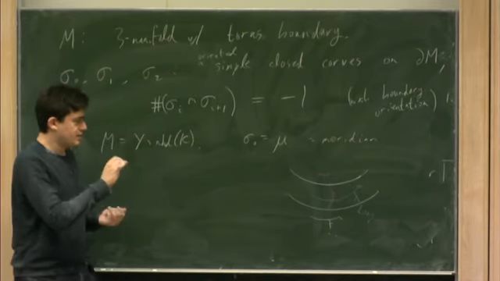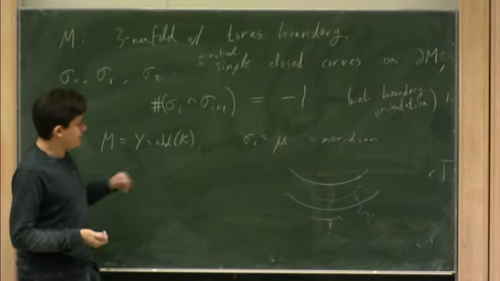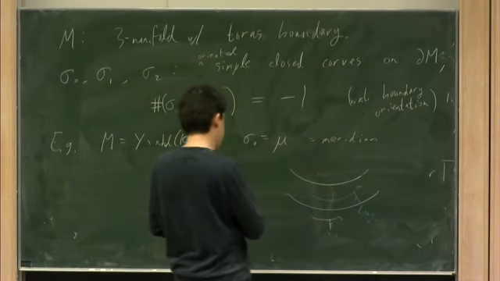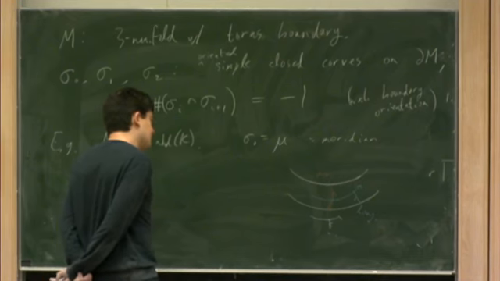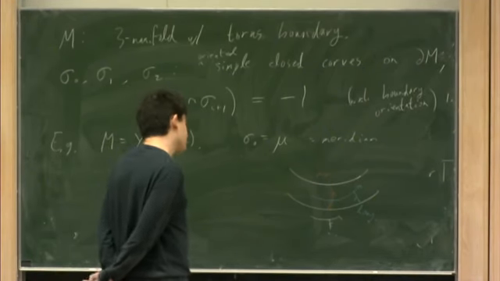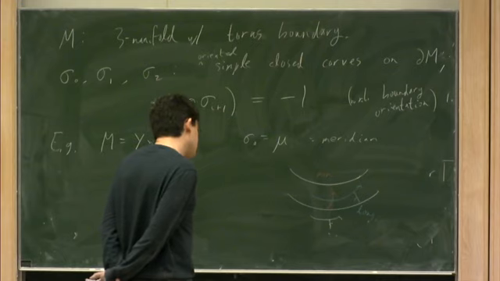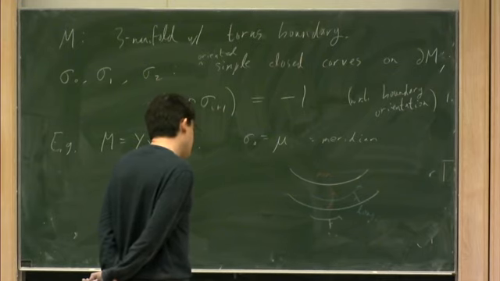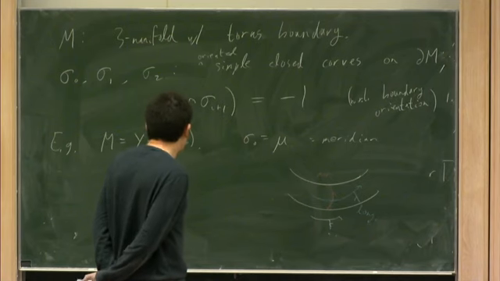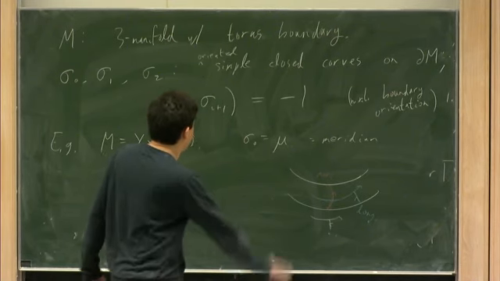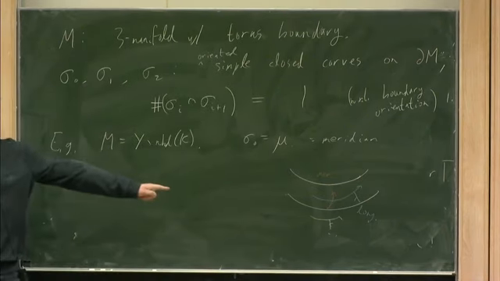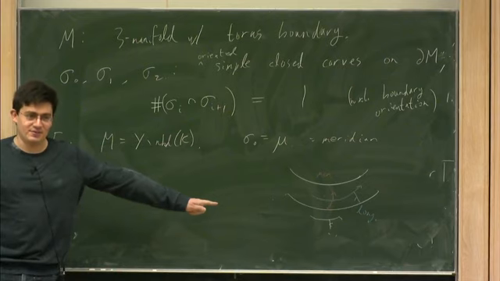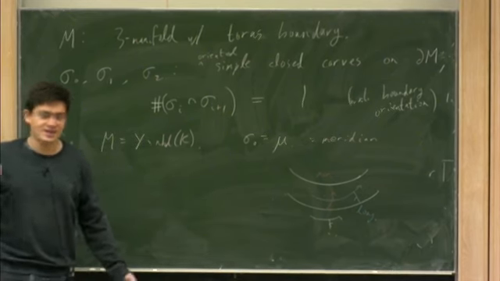Now, the intersection number of the meridian and the longitude, should this be 1 or should it be -1? Is -1, but okay, I guess with this convention I need it to be 1. Okay, so I want to orient this as the boundary of the three manifolds, so the outside.